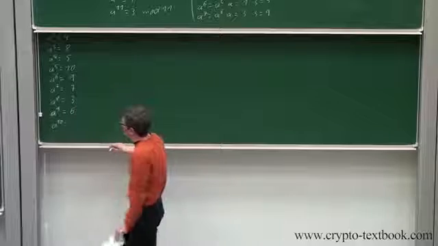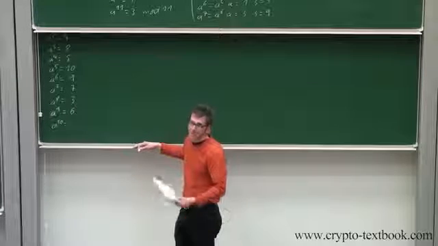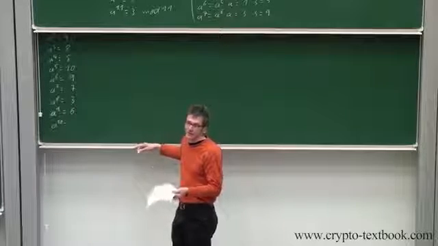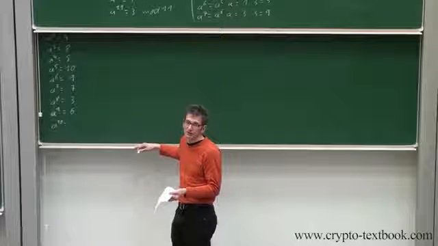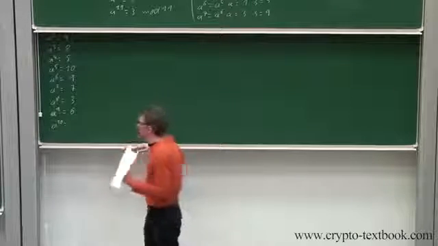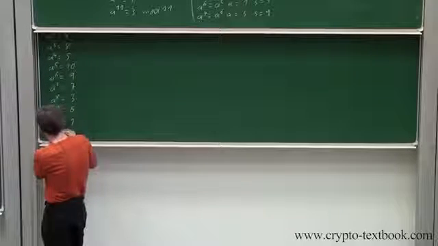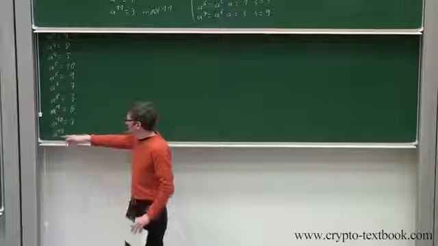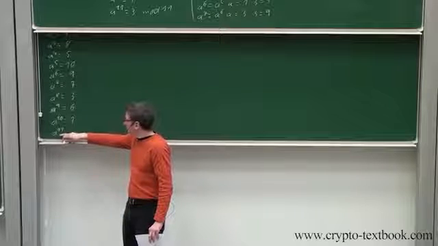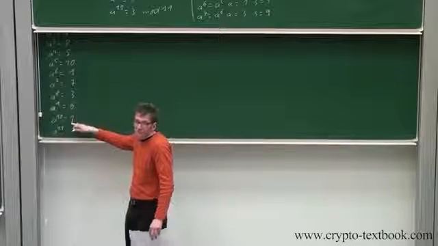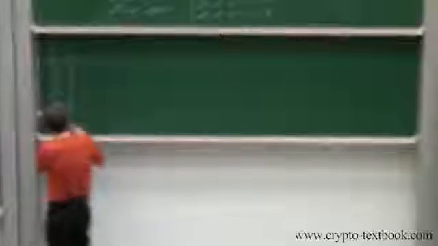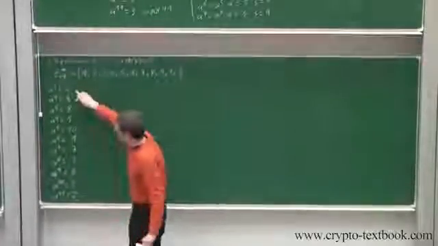A to the 10th is 2 times A to the 9th, which is 2 times 6, which is 12. 12 modulo 11 is, aha, 1. And now it's getting boring, because A to the 11th is 2 times 1, which is 2. But we had the 2 already here.